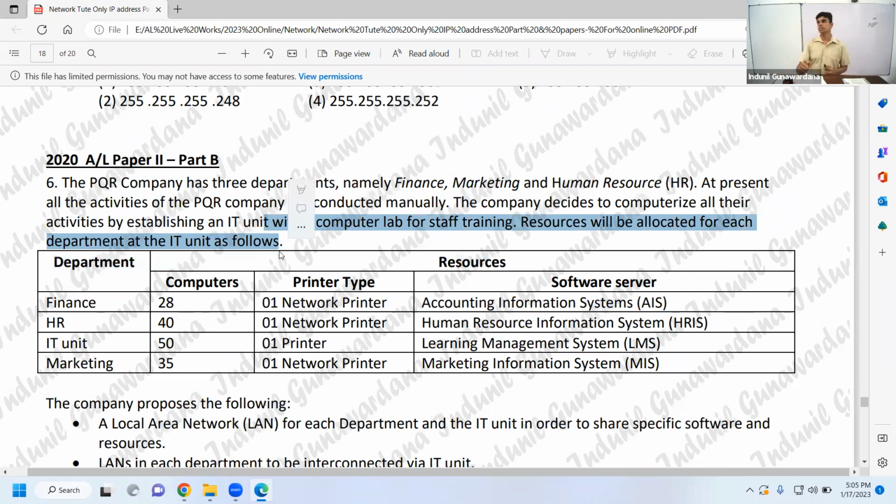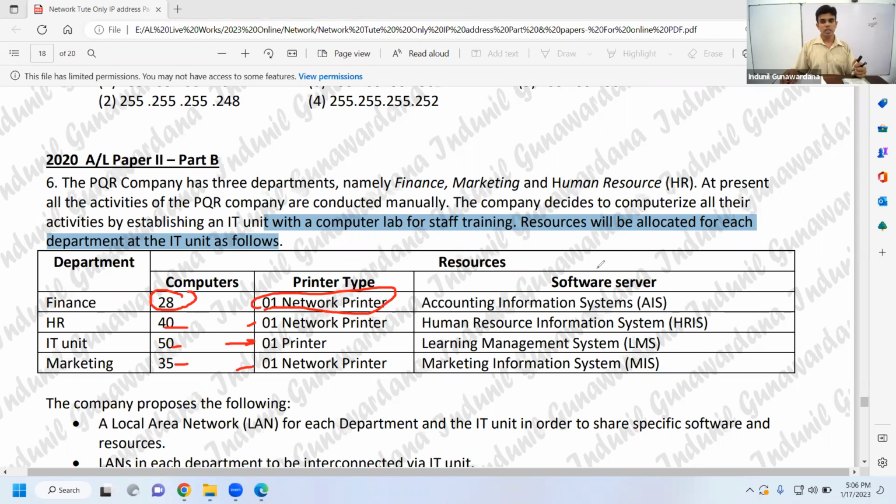Now, earlier there were 3 departments. Now, with the introduction of IT, there are 4 departments. Right. So now they have said how many devices are required among these departments. For finance, 28 computers are there with 1 network printer. Then 40, 1 network printer. 50, just a normal printer. 35, another normal printer.